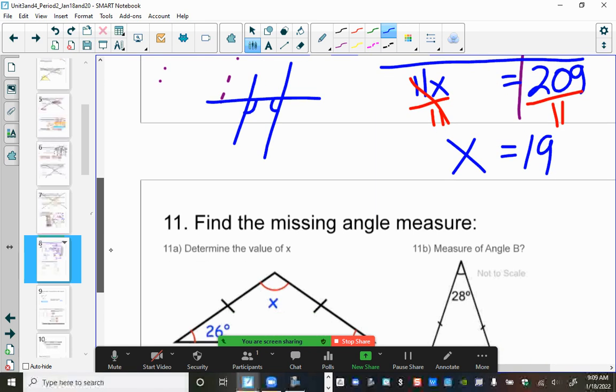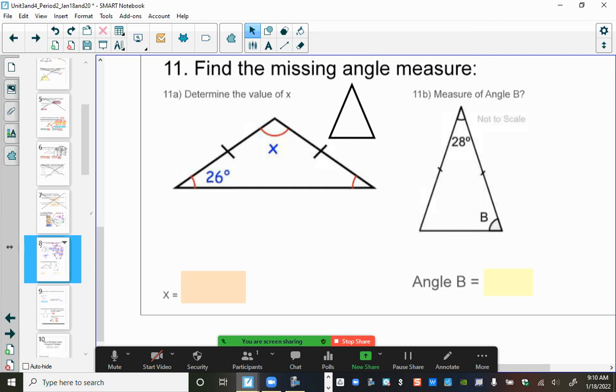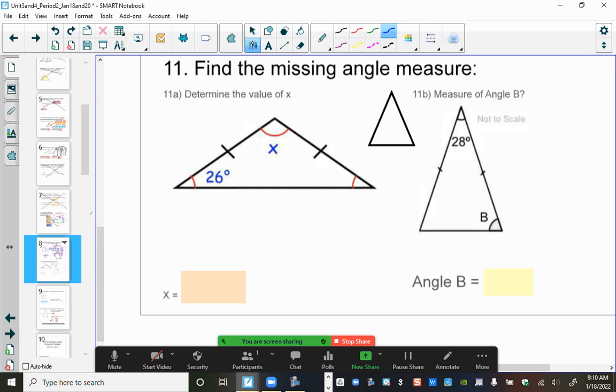Now for the next 2. General rule. Remember you got a triangle. The general rule was the following. Anytime you had these 2 isosceles sides, their opposite angles would also be congruent.